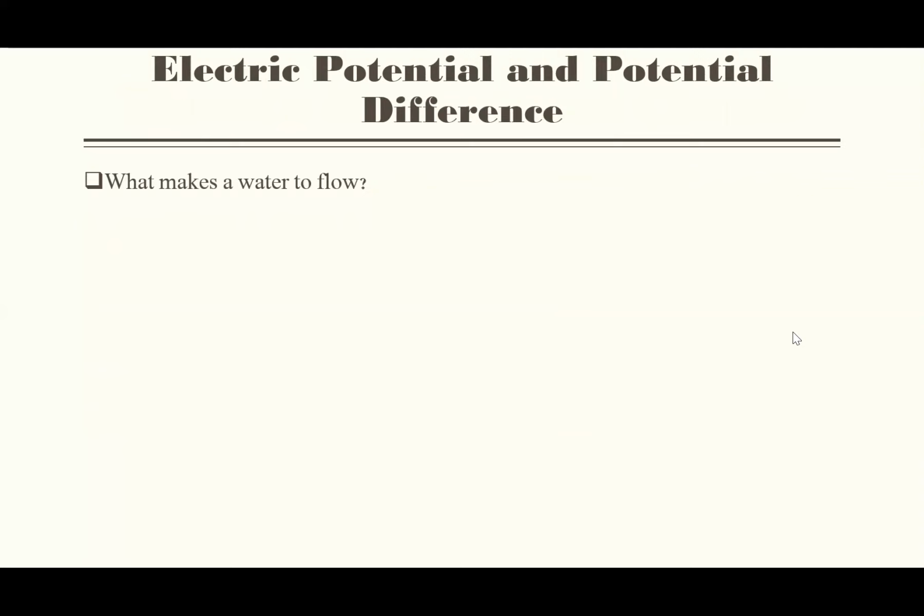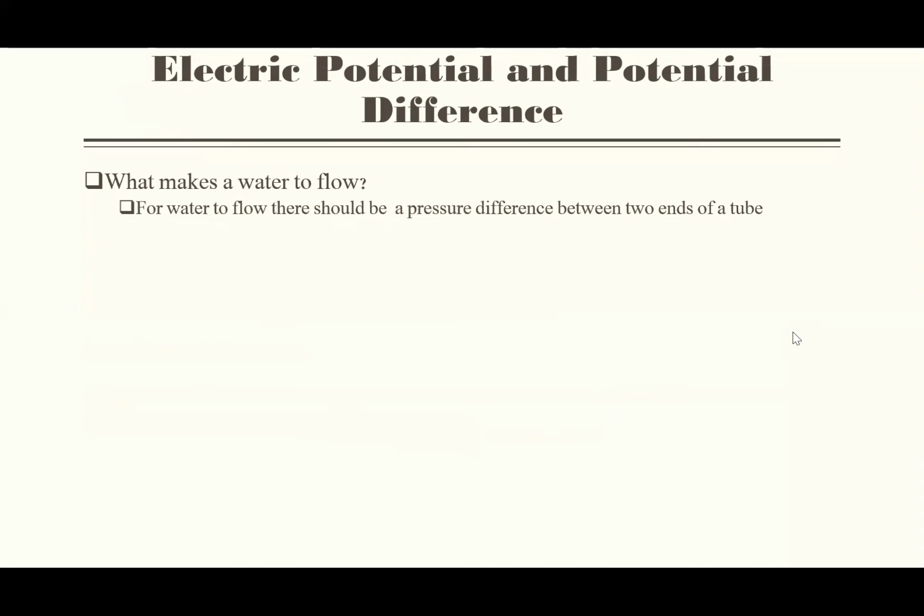Now, your next topic will be electric potential and potential difference. So, what makes water flow? You should have a pressure difference between two ends of a tube so that you are able to make the water flow.